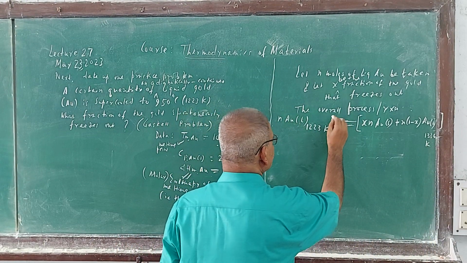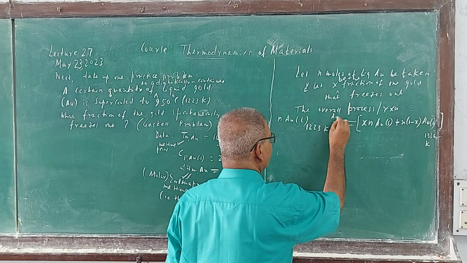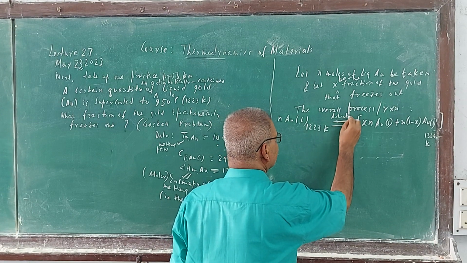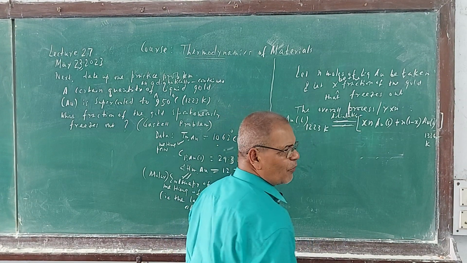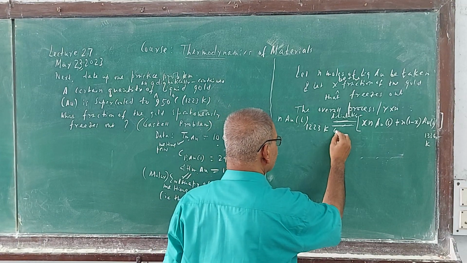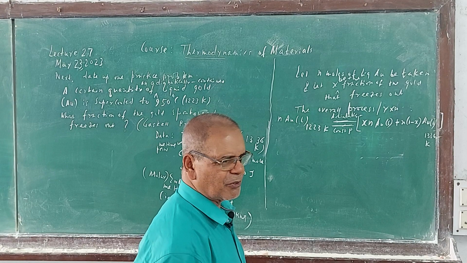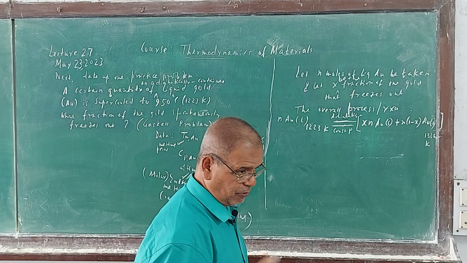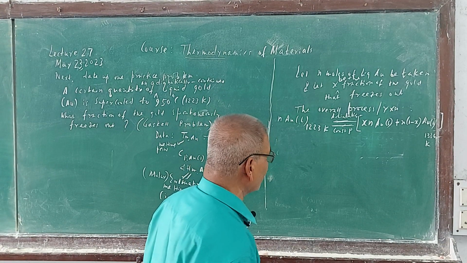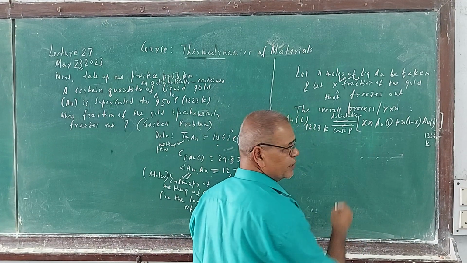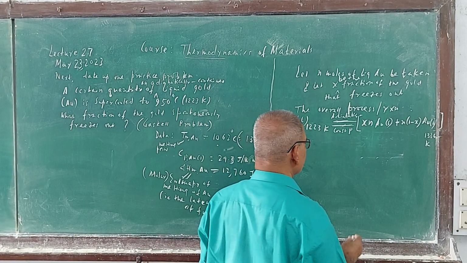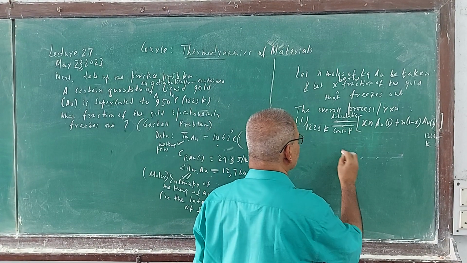And write here what the process is. Adiabatic, and since it is a condensed phase, we commonly consider constant pressure. It may be constant volume, but for condensed phase, volume changes are small. So you may consider this process a constant pressure process.